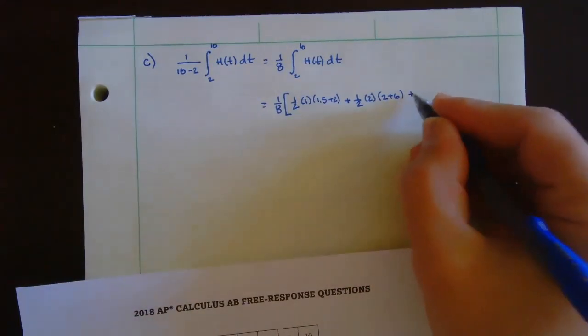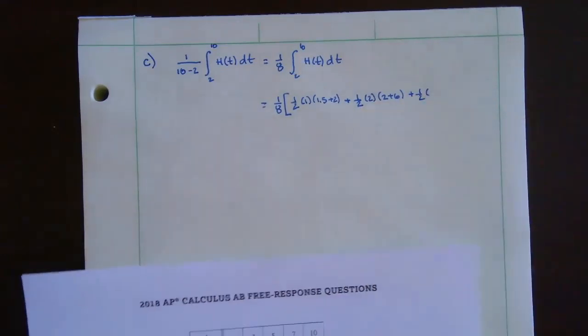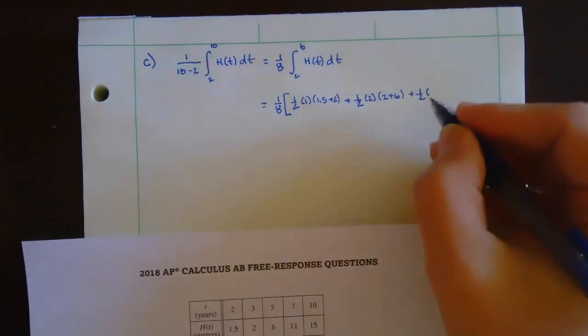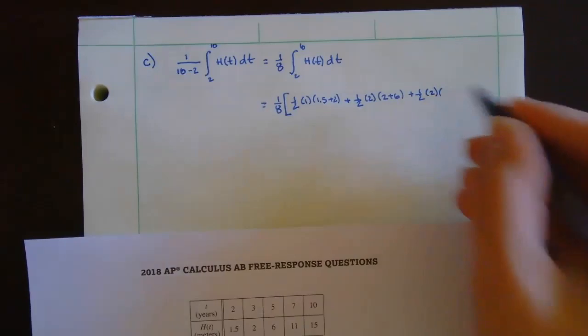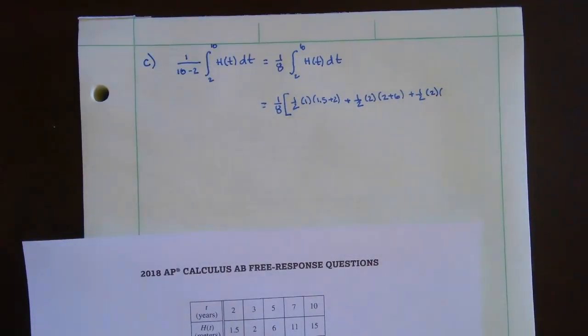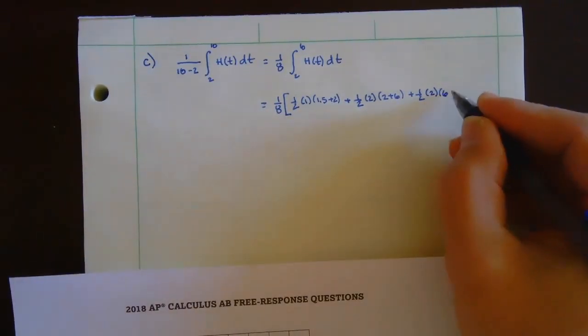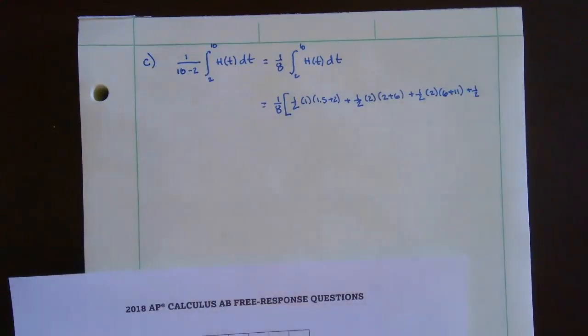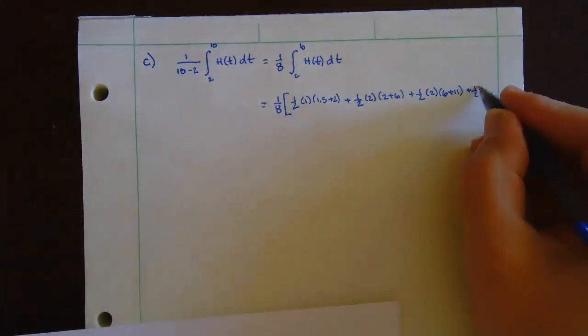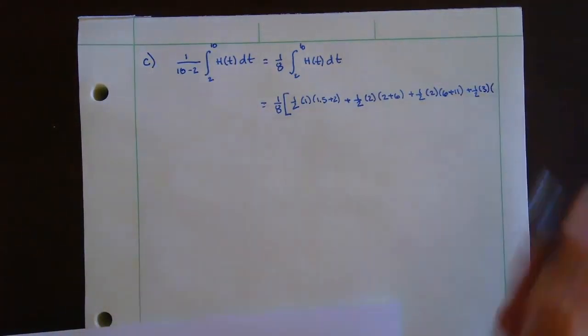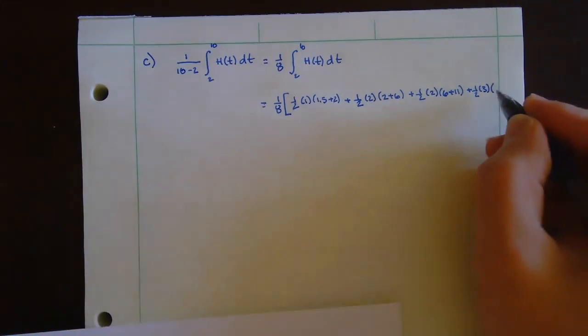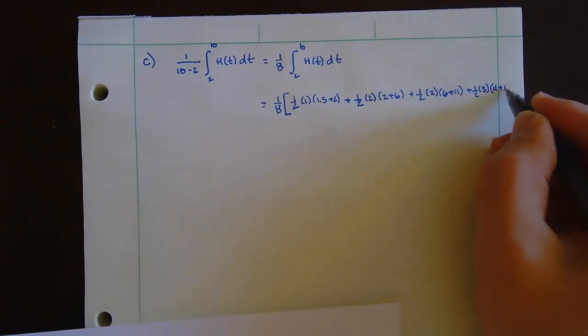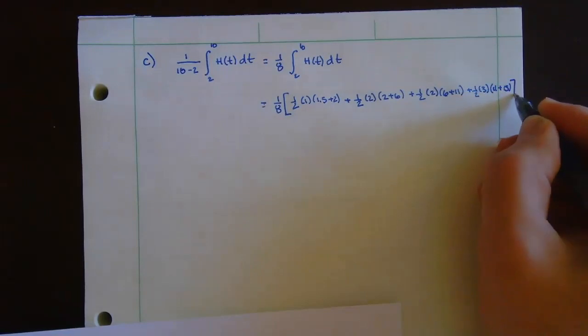And then plus 1/2. The next one's between 5 and 7, so that's 2, and the bases are 6 and 11, so 6 plus 11. And then plus 1/2, and we can go from 7 to 10, so that height is 3, times (11 + 15).